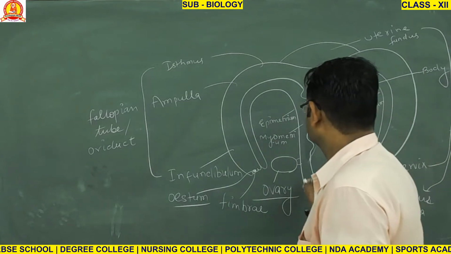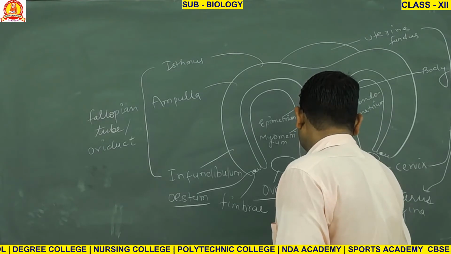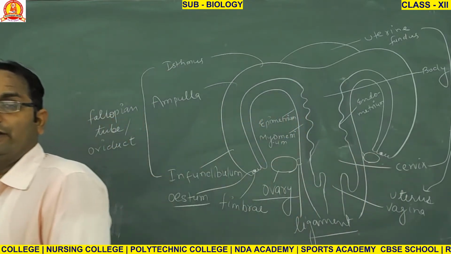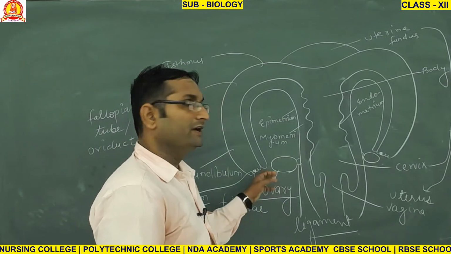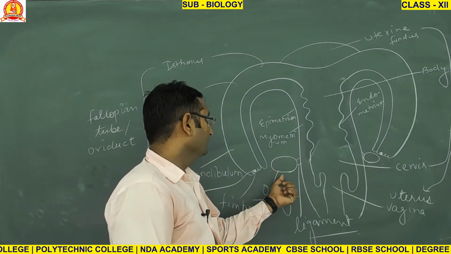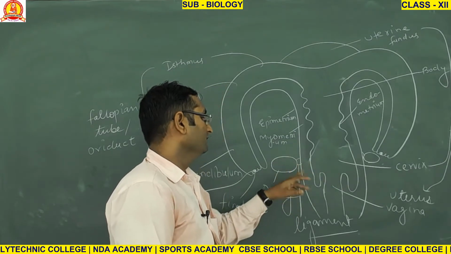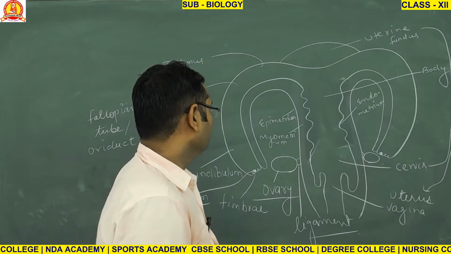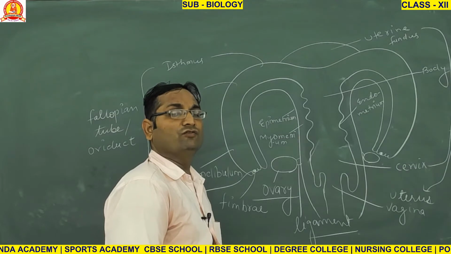These ovaries are attached to the wall of uterus with the help of ligament, and also attached to the wall of abdominal cavity with the help of mesoovarium. Ovaries produce ovum or egg by the process of oogenesis.